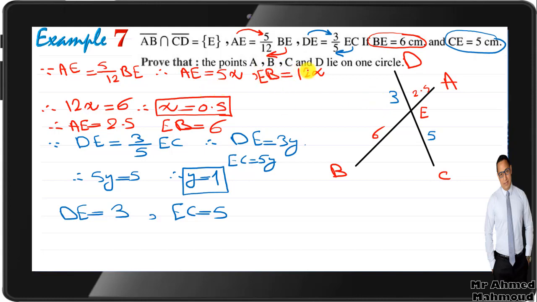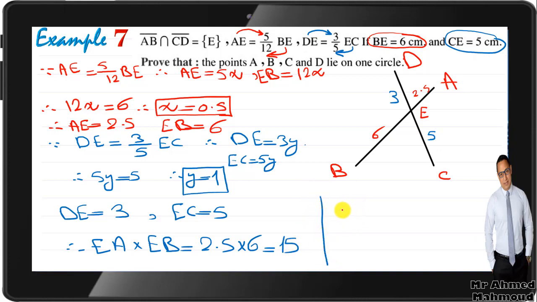Okay, now I need to prove A, B, C, and D lie in the same circle. Therefore, EA times EB equals 2.5 times 6 equals 15, and ED times EC equals 3 times 5 equals 15.